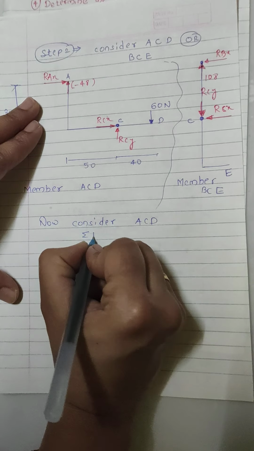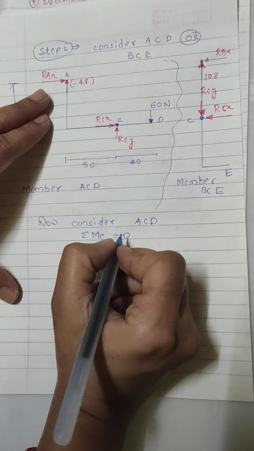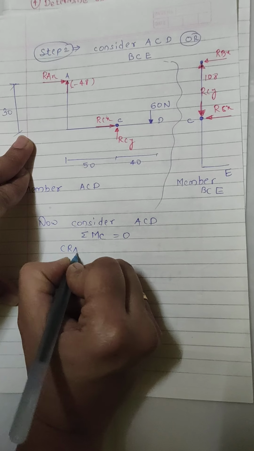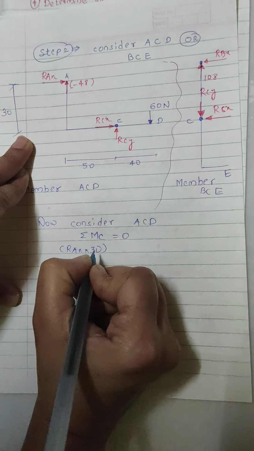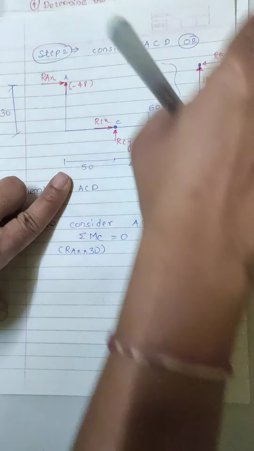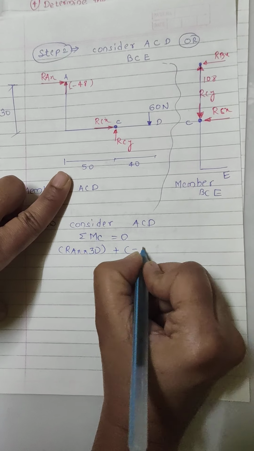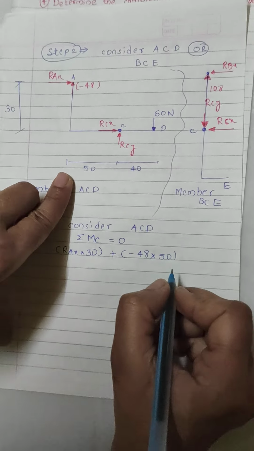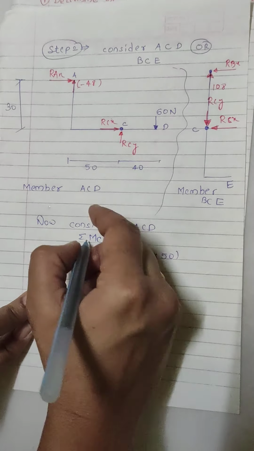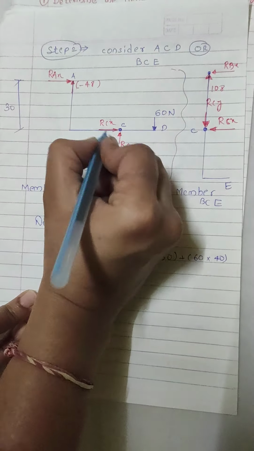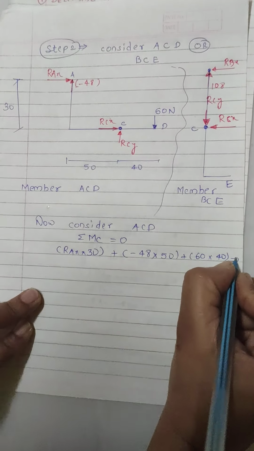I am going to take moment at C equals 0. RAX into 30, it is acting clockwise. So plus, moment of this 48 at C will be 48 into 50 clockwise, and its previous sign is minus, so I am taking it like that only. And moment of this 60 at C will be 60 into 40. And moment of this RCX at C will be 0.